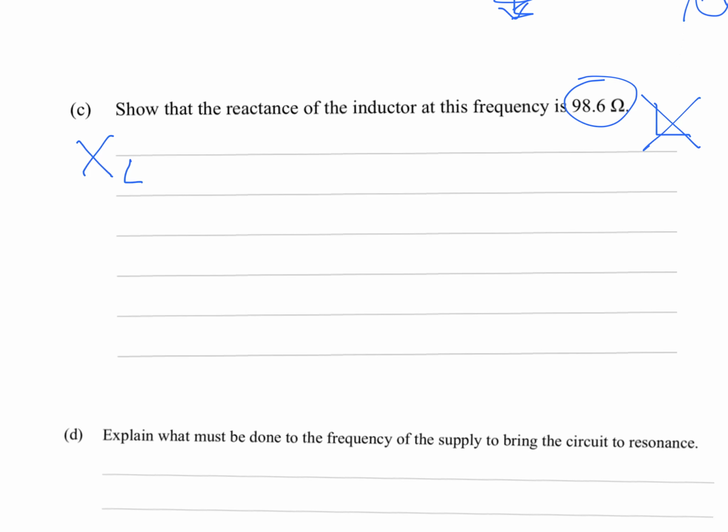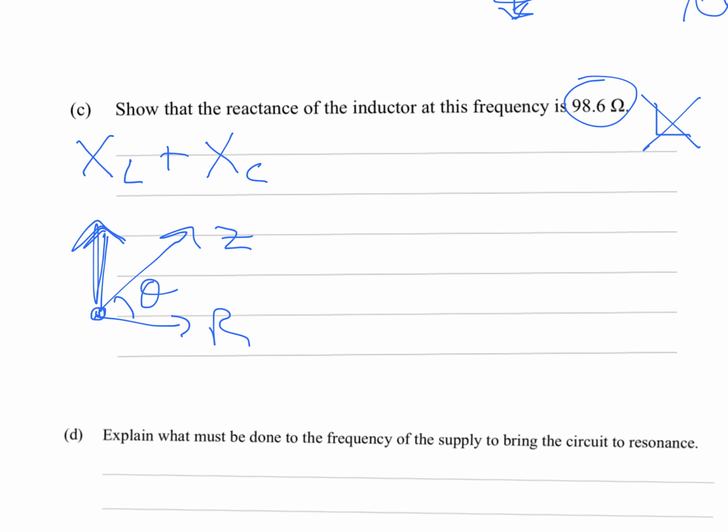What we do have, though, as I said above, is that phasor diagram, we've got the resistance, we've got the impedance. If we're working off of these, we've got that phase angle. Some of these things we're not going to have to use, and we've got the total quantity here, which is the sum of XL and XC, the two reactances. So that's the total reactance.